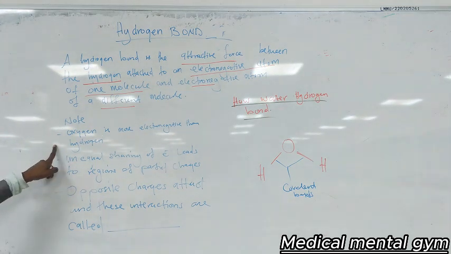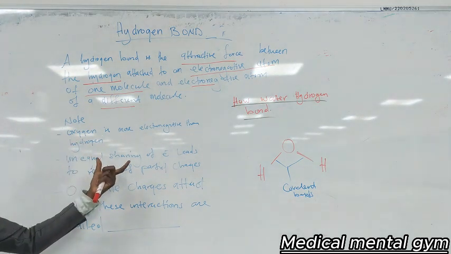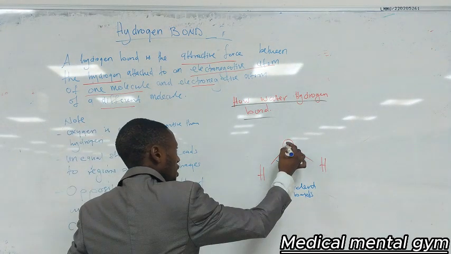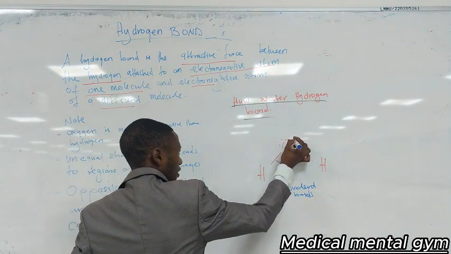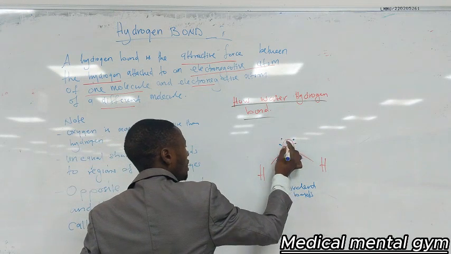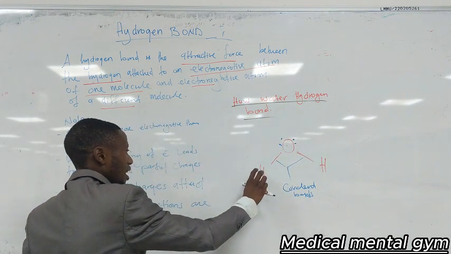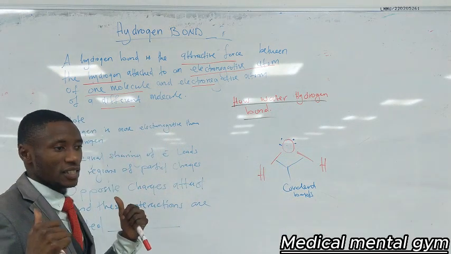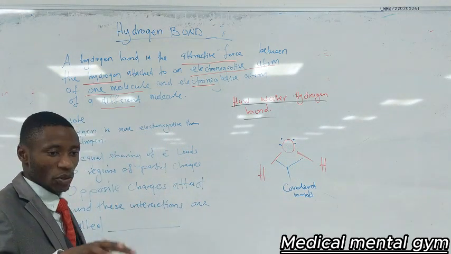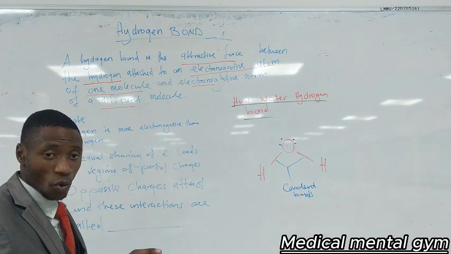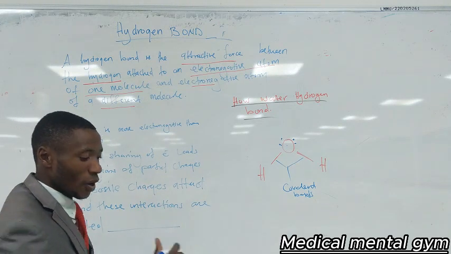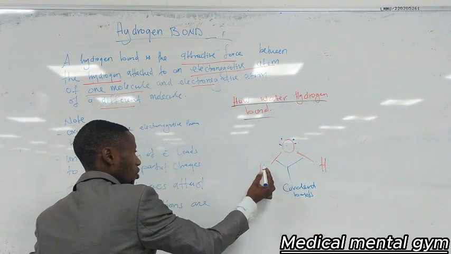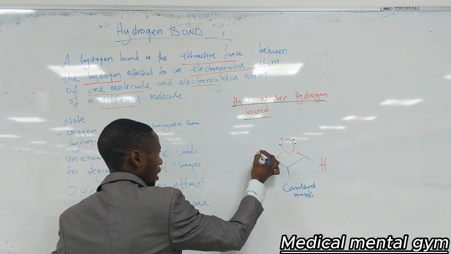Number one, we are saying oxygen is more electronegative than hydrogen. Look at this, this oxygen is more electronegative than hydrogen. And I believe you've watched the previous video where we were talking about electronegativity and how we calculate it. We found out that this bond between this oxygen and the hydrogen is polar.